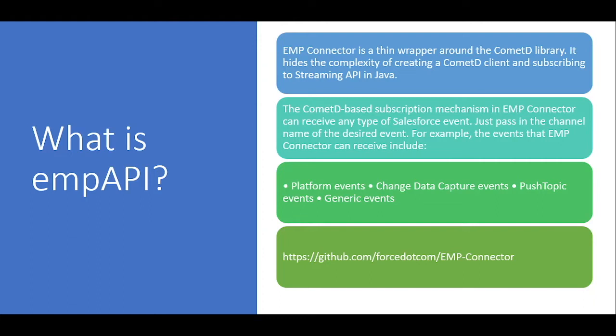Similarly, in this demo, we will use a Java application. We will use the EMP connector, or I'll say EMP classes, that will use CometD to subscribe to a platform event in Salesforce. Any event that has been pushed from Salesforce to Java, which is subscribing to that platform event, will receive the response, and I'll show you that in the demo.